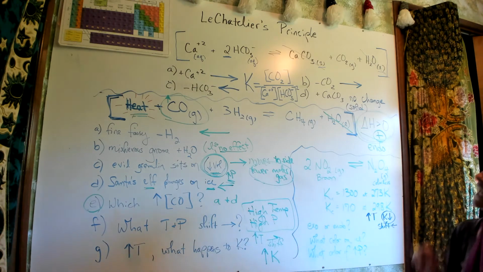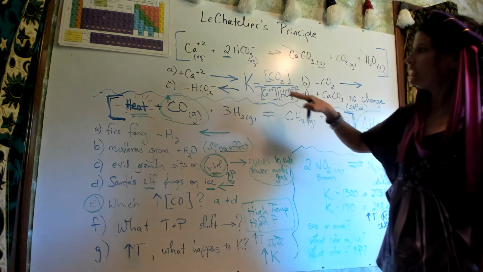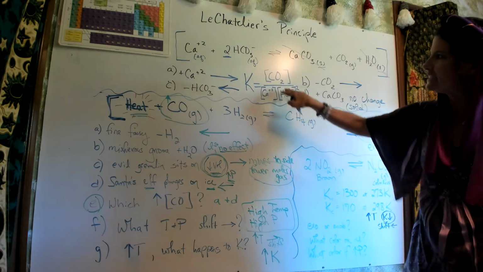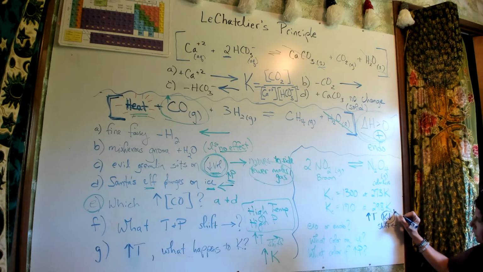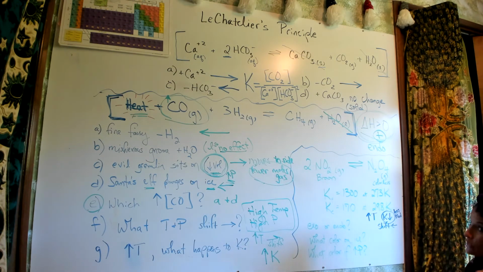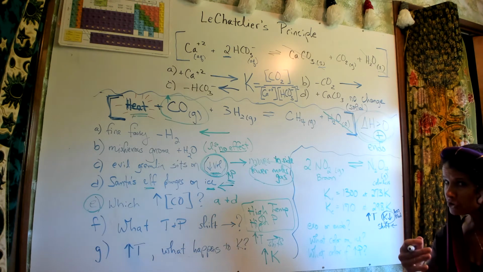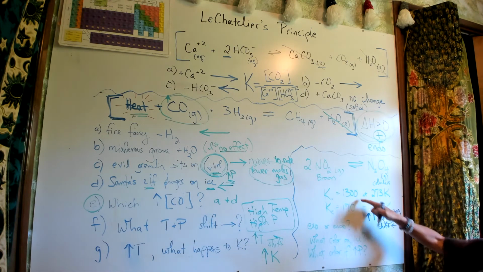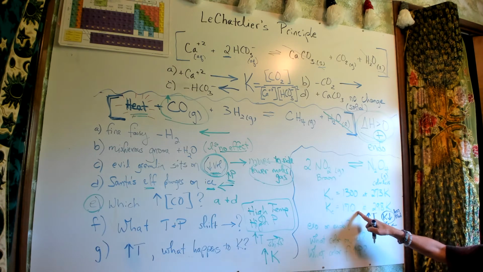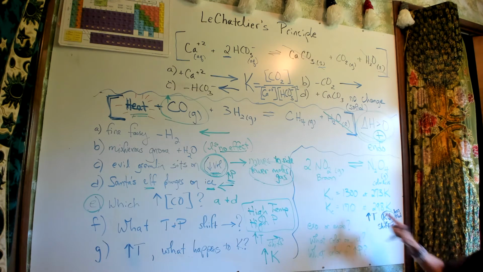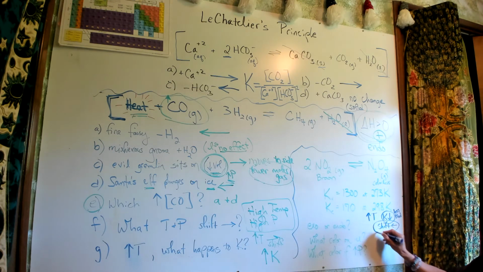So remember, K is a ratio. Whenever K decreases, it must mean that you have less on top. If K decreases, that means you have less of the products. I know I just wrote really small, but you can rewind it, go back 30 seconds, and listen. So temperature made K decrease. Higher temperature, K decreased, which means there's less product, which means it shifted in the reverse direction.